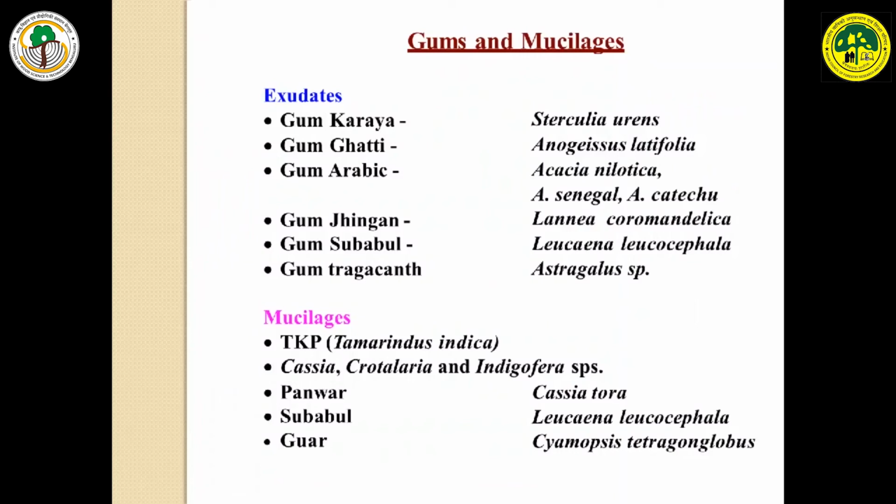This is just a photo I am showing where cotton is being dyed by mirabillan seed extract. So I am just showing you the species from which the gums and mucilages are extracted.